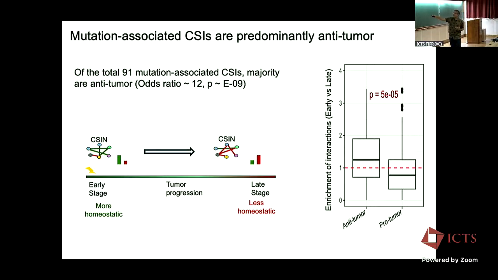So we simply tested this hypothesis. If this is true, then stage 1 and 2 versus stage 3 and 4, will we see more pro-tumor guys happening later and more anti-tumor guys happening earlier? And that's indeed the case. So that's all the evidence we have.